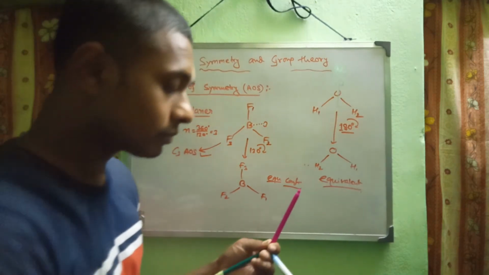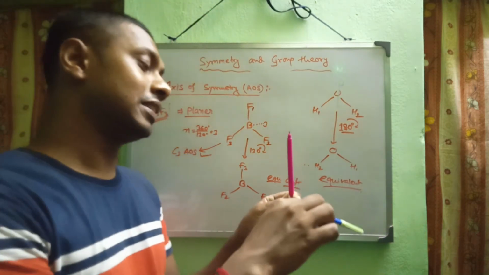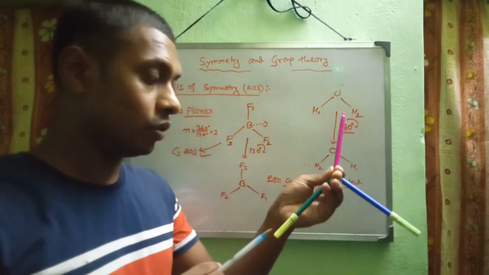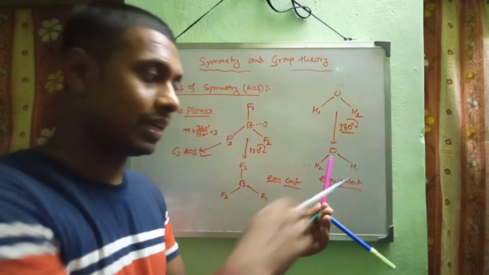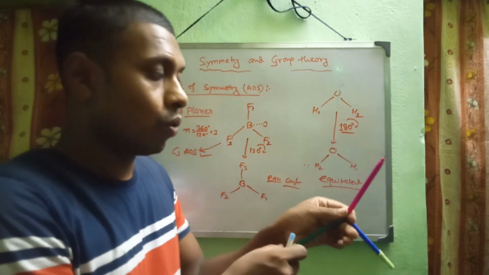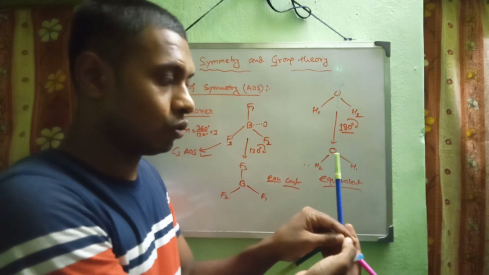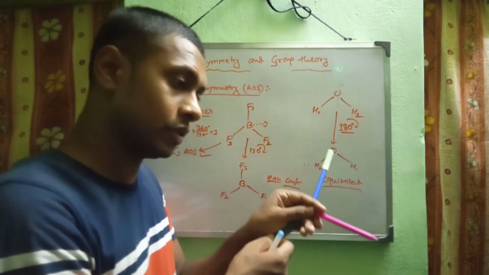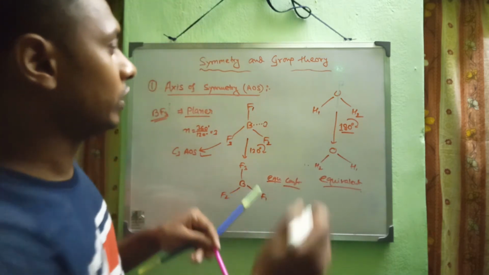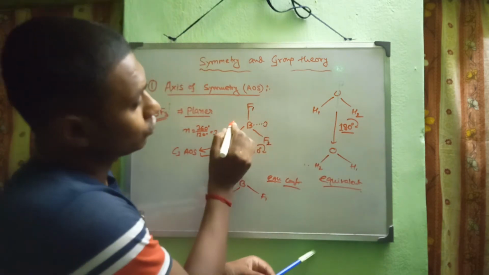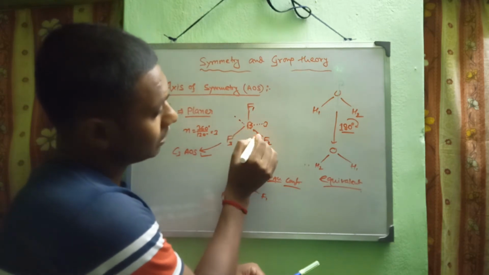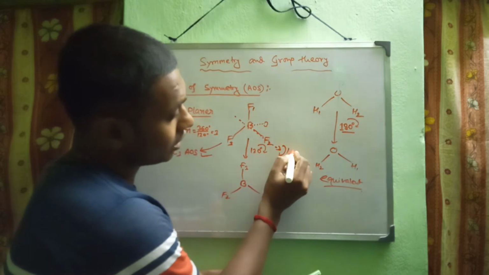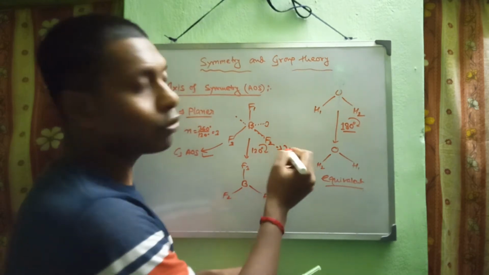Clear? Now besides this C3 axis of symmetry, if we pass an imaginary axis which is passing through this B-F bond axis and rotate the molecule by 180 degree angle, we also get an equivalent configuration.